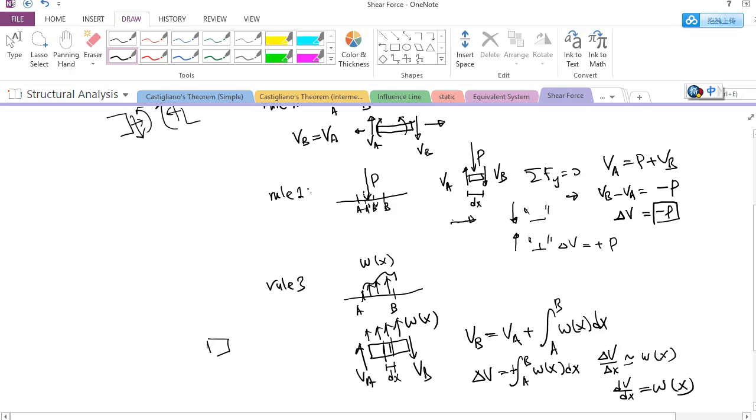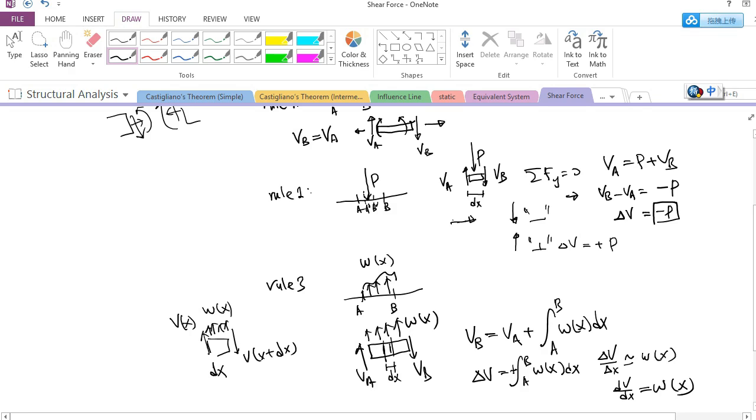Suppose you have a very small region, and you call this V of x, and this one is V of x plus dx. You have an upward loading over a very small region, which you can consider constant for a sufficiently small region.